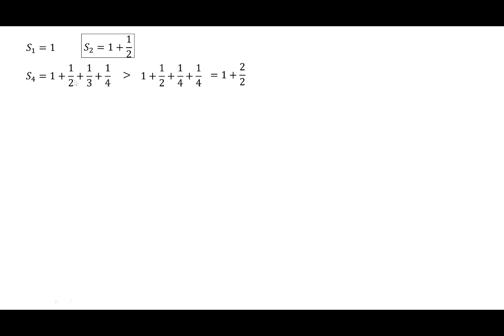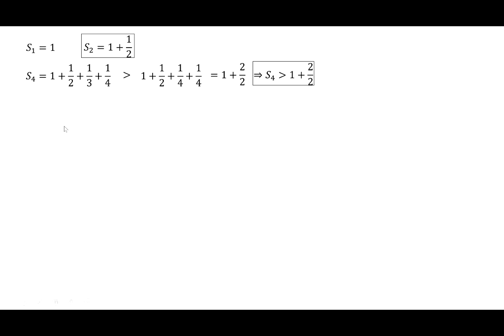Because this is equal to this, and this happens to be greater than this, and this in turn is equal to this, the relationship is that S sub 4 is actually greater than 1 plus 2/2. Okay? I know it's probably the first time you're seeing something like this, but get used to this, please.